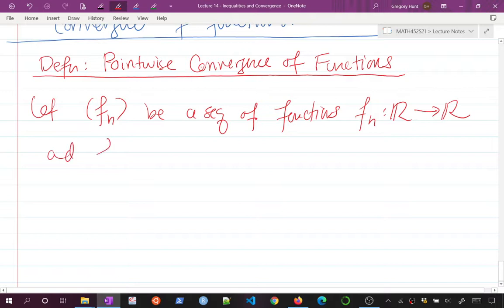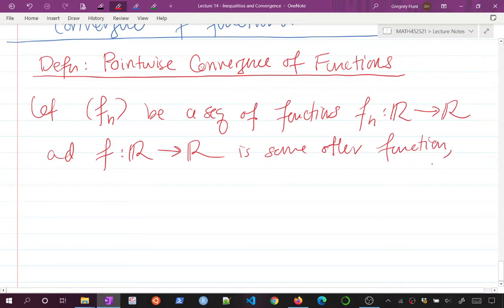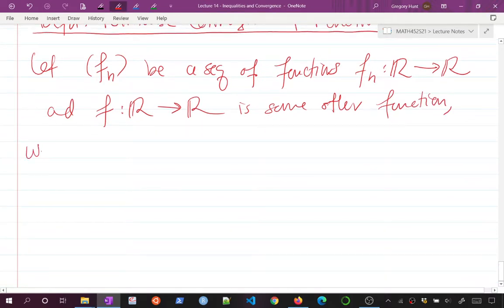And f is some other real valued function.